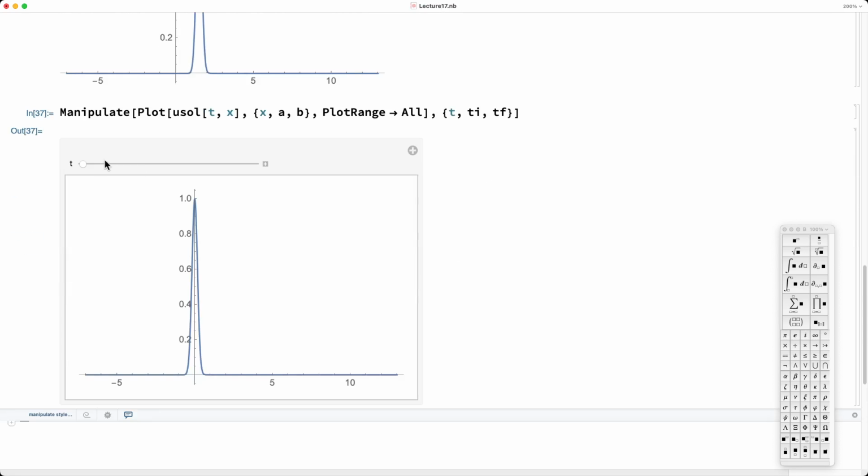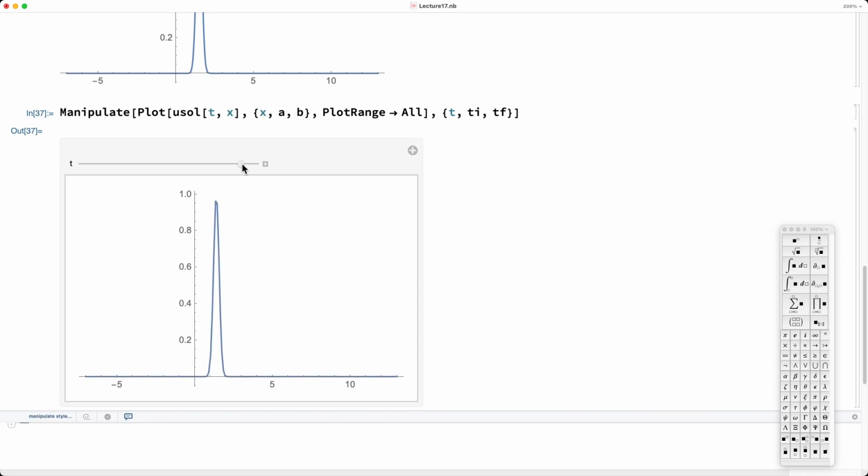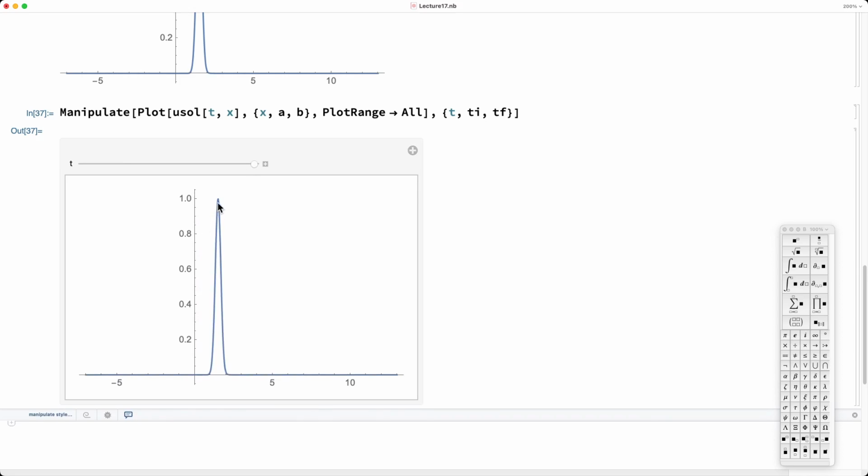Okay, so now I can click on here and move that. I see that as I move that, the Gaussian moves to the right. There are some artifacts here in the plot because of the grid points that Mathematica is using to discretize the problem spatially. But overall, it looks like a Gaussian propagating to the right.